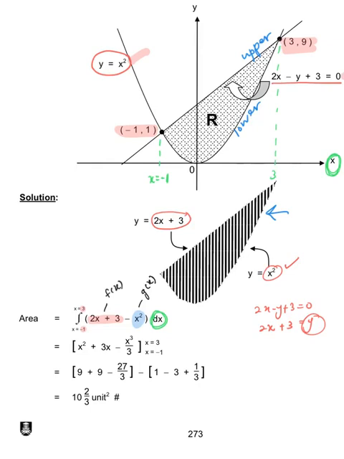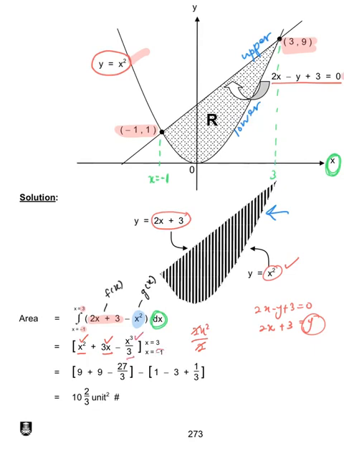This is a simple function. The integration of 2x gives 2x squared over 2, which simplifies to x squared. The integration of 3 gives 3x. The integration of x squared gives x to the power of 3 divided by 3.